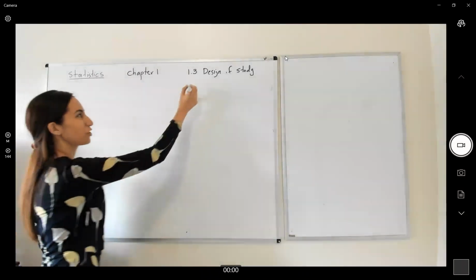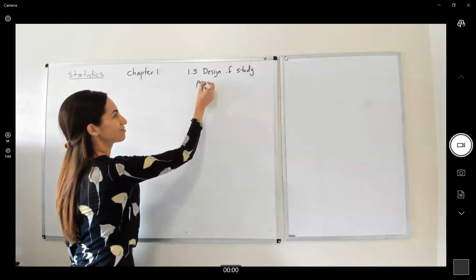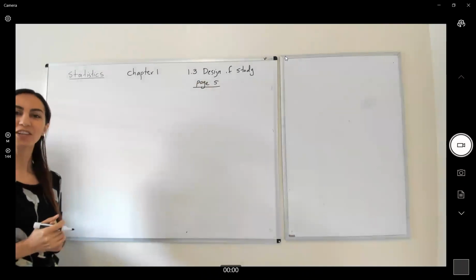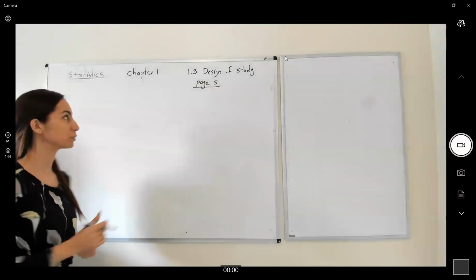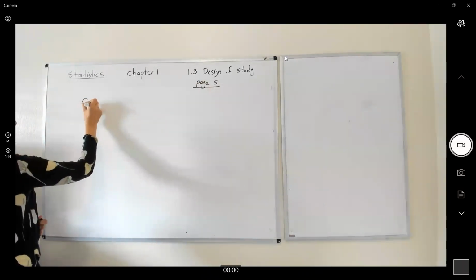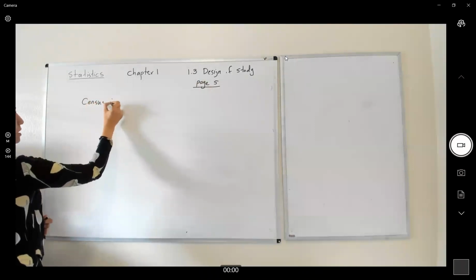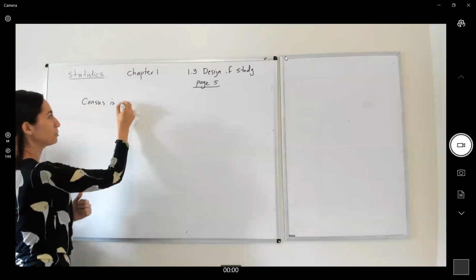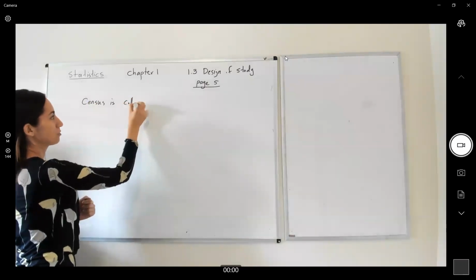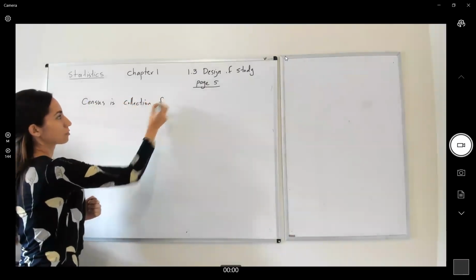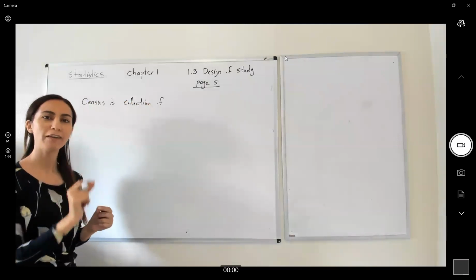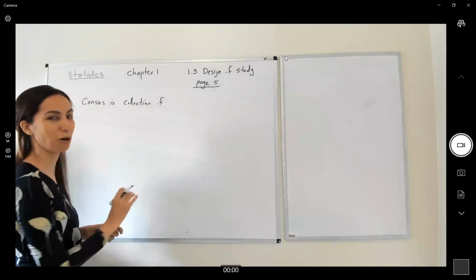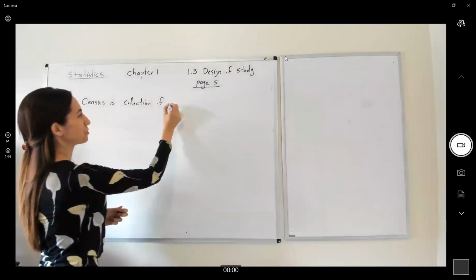We are on page 5. Very well. We talked about census, population. A census is a collection of information or data of every single person, every single member from the population.